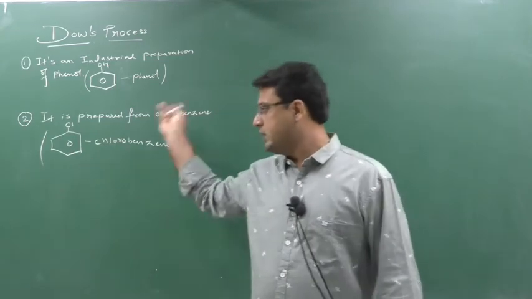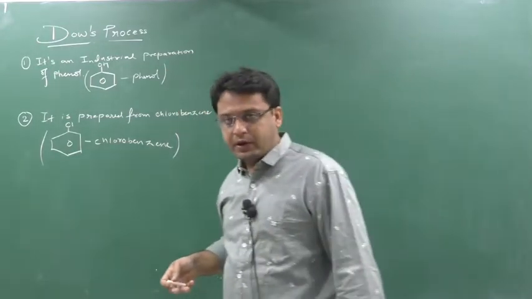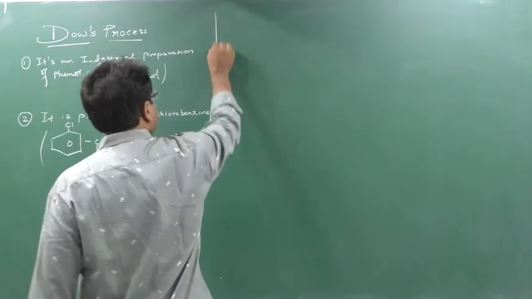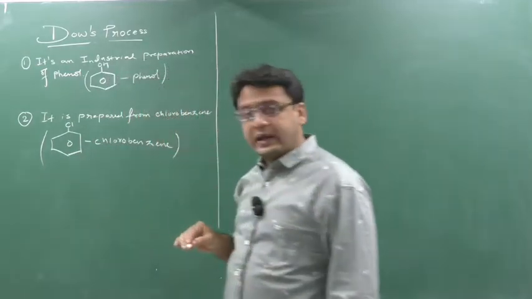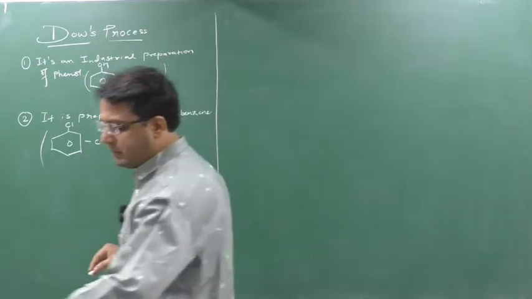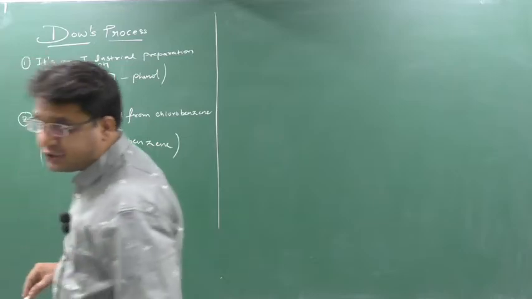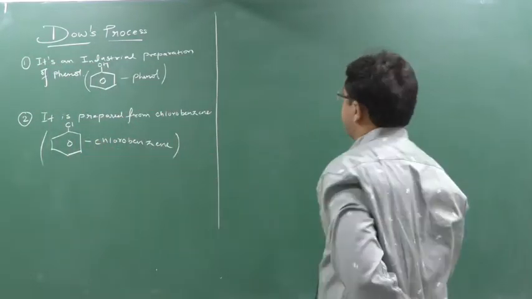I am not going into detail. Directly I will show the preparation. First we will see the preparation, and then we will see its mechanism. In your textbook the mechanism has not been given, but here I will teach you the mechanism also. See the preparation.